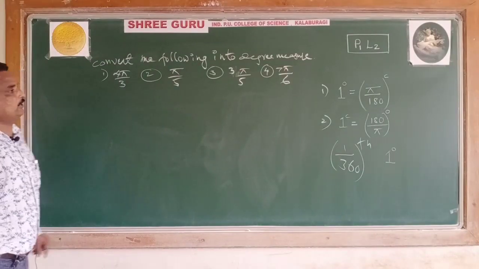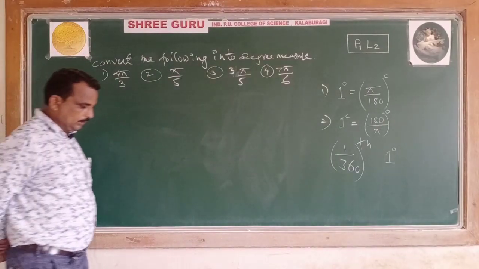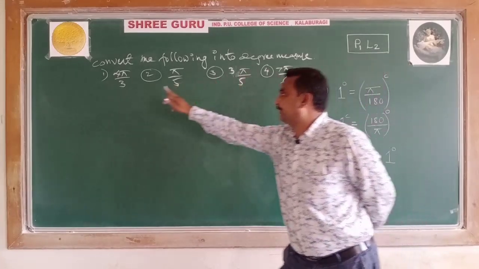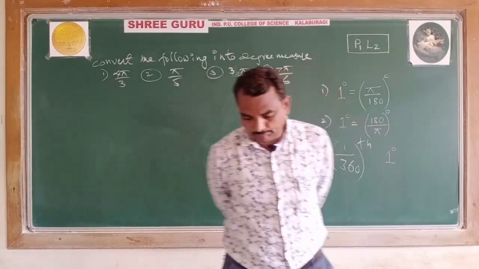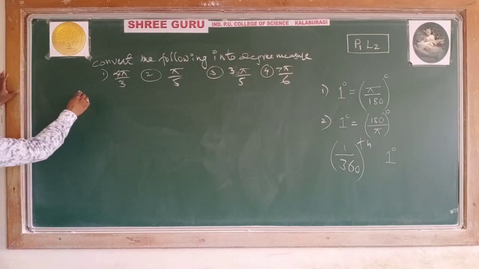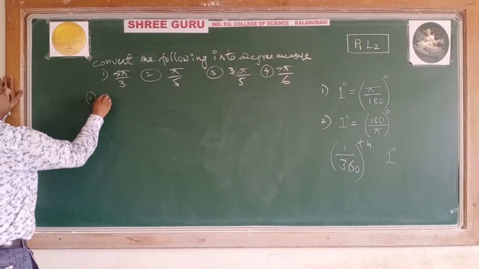We will convert these 4 examples, students. Very simple. Many times these questions are asked in your annual examination for 1 mark. See, one by one we will convert them here.